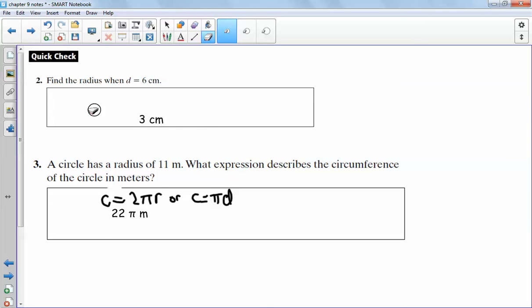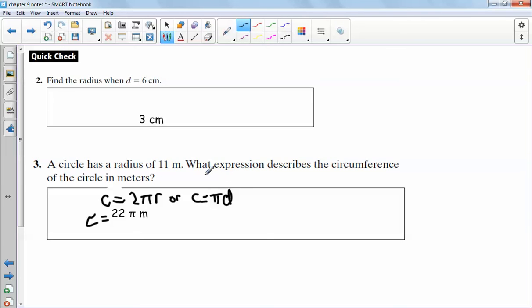All right, if we know the diameter is 6, the radius is half of the diameter, so 6 divided by 2 is 3. And a circle has a radius of 11 meters. We're writing an expression that describes the circumference. So one expression could be the circumference is equal to 22 pi, because that's an expression.